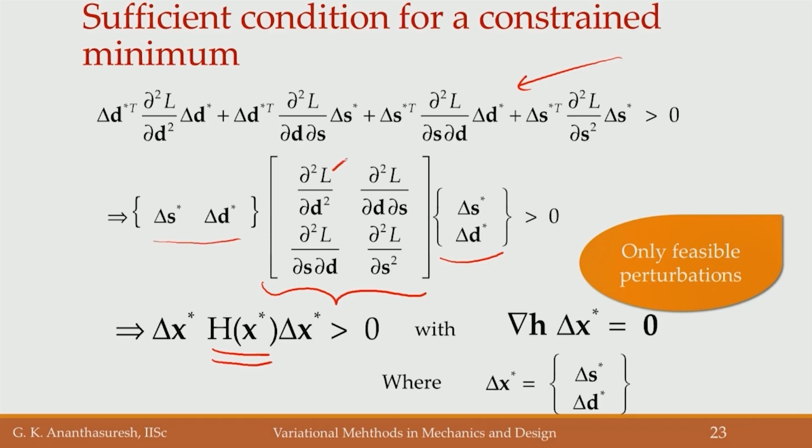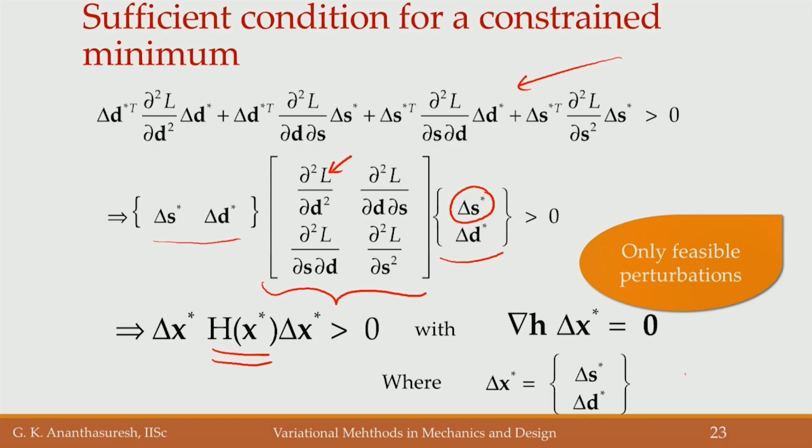So, notice that it is L, not the objective function but the Lagrangian, that should be greater than 0. But again remember that these cannot be arbitrary. Only delta d star, that is only n minus m of those, can be arbitrary; the other ones depend on those.